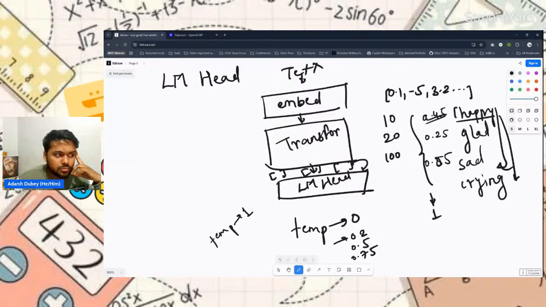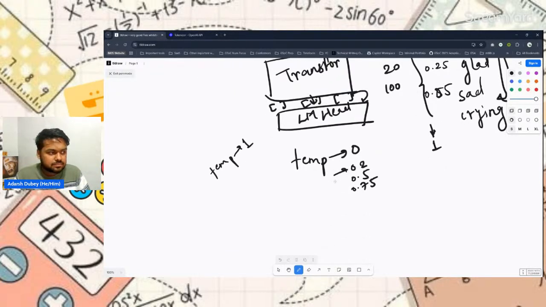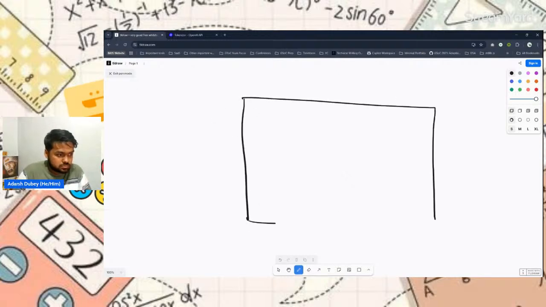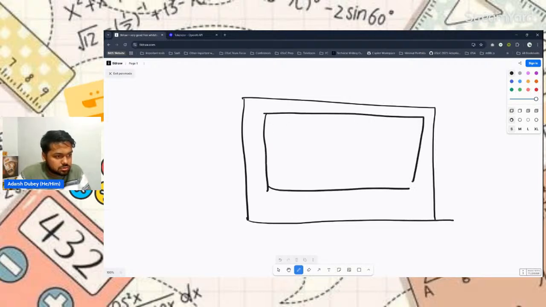Okay. So this LM head, what does LM head do? If I draw an architecture, after all the computation, there will be the LM head here.